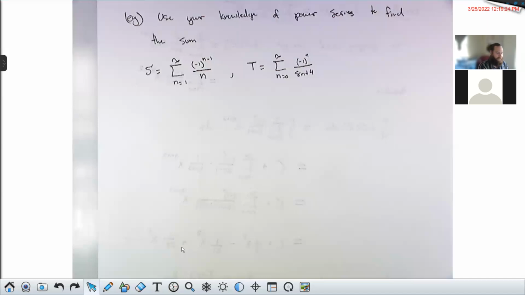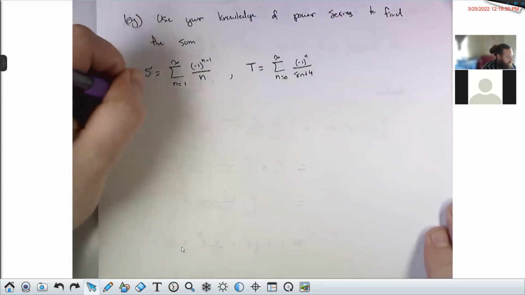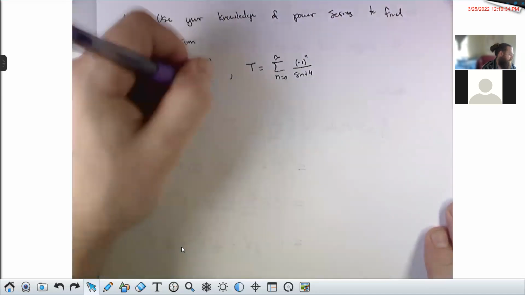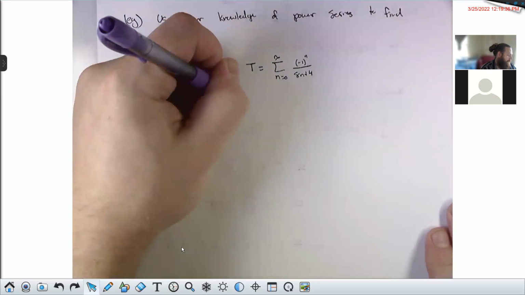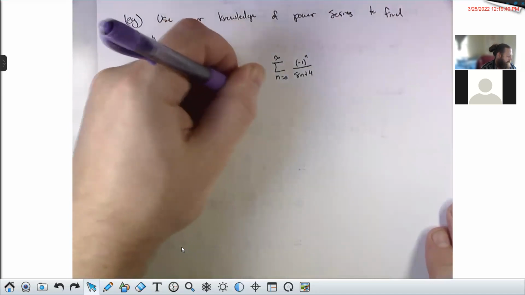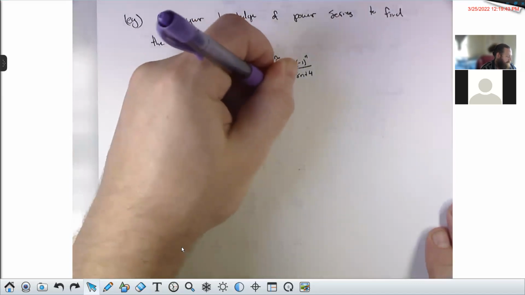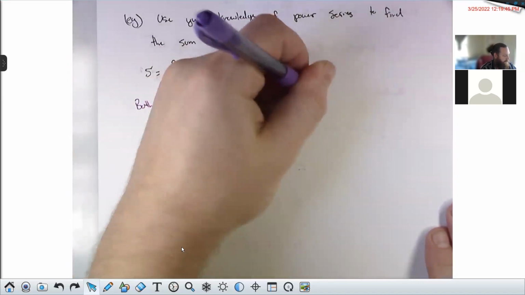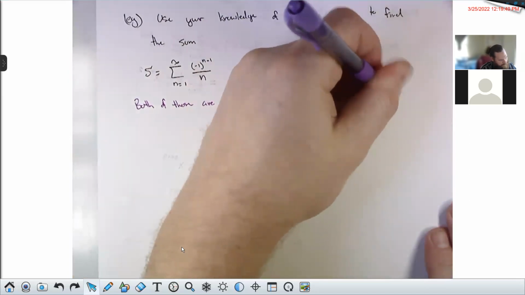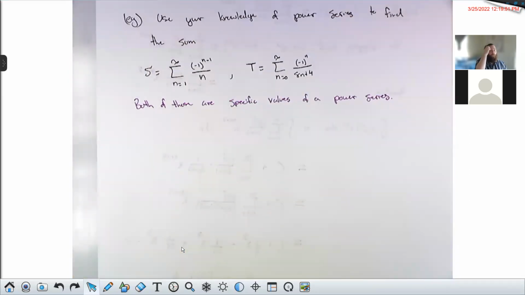And the trick is to recognize both of these as power series with something plugged in. Both of these are specific values of a power series.